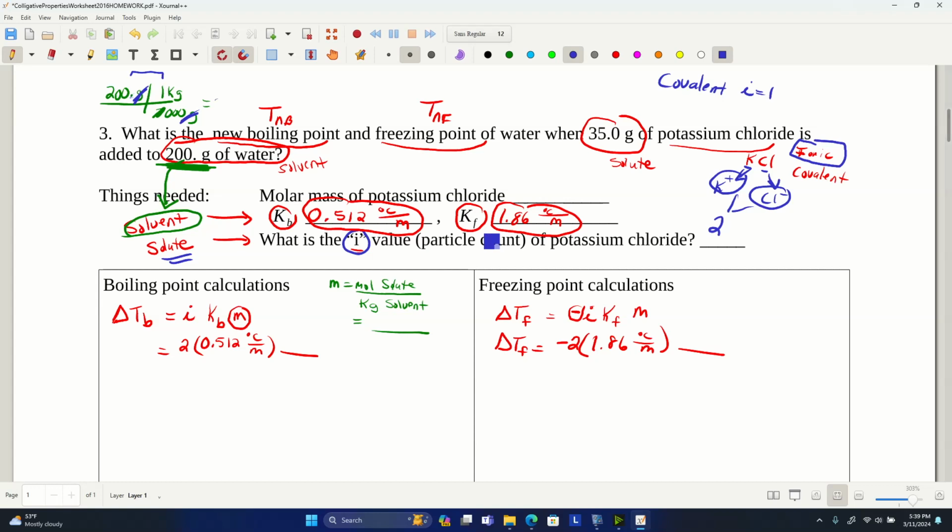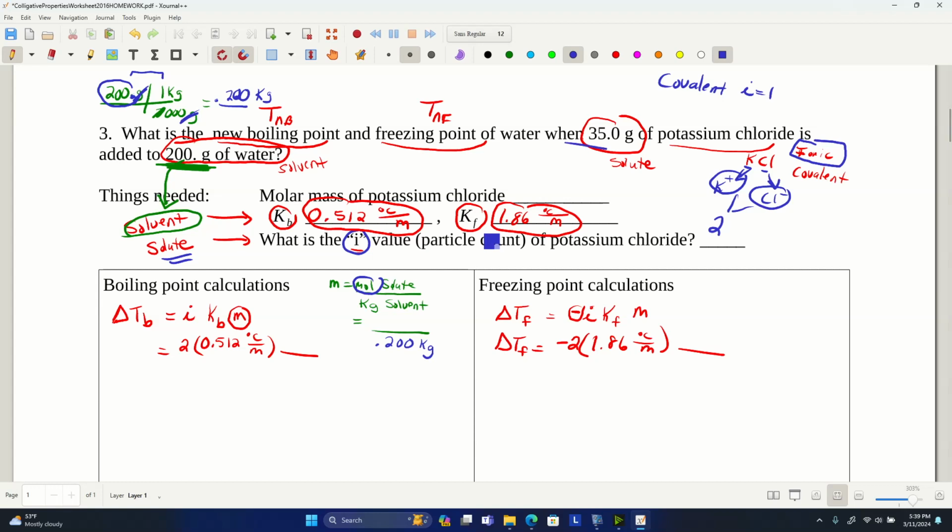And so this ends up being 0.200 kilograms. It has to have 3 sig figs because this has a decimal that has 3 sig figs. So the kilograms is 0.200 kilograms. Now I need to know the moles of the solute, and I don't have that.